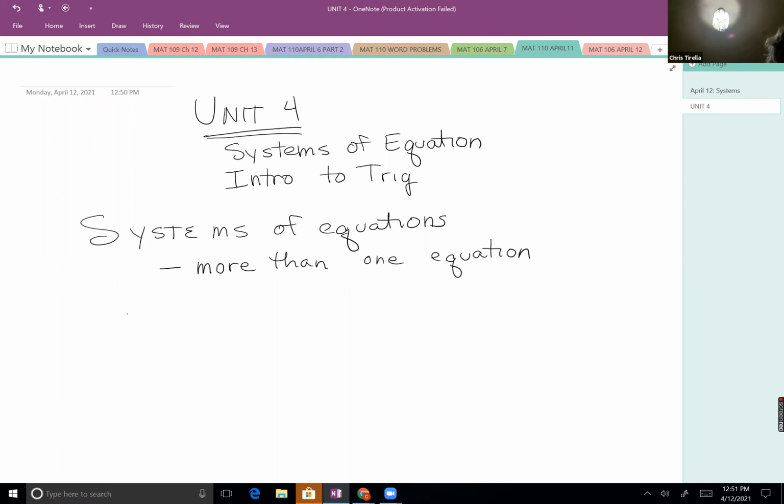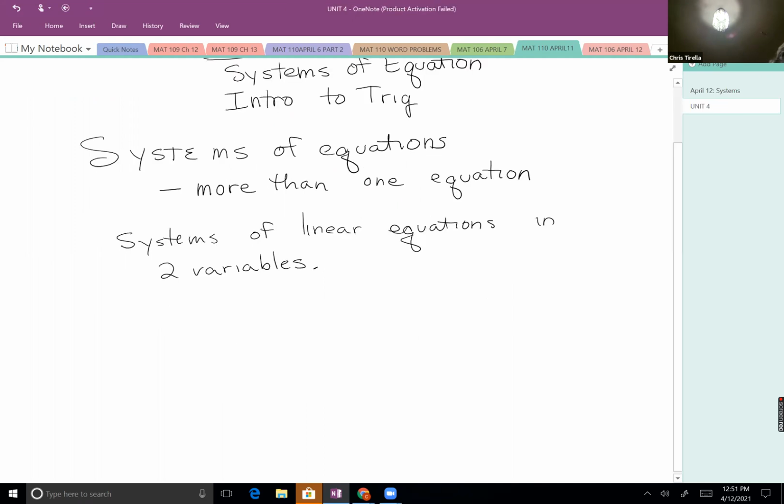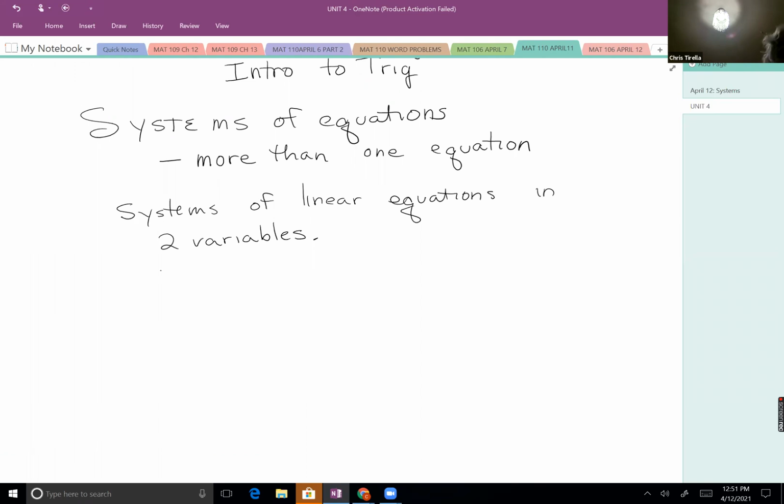We're going to focus on systems of linear equations in 2 variables. Remember that a linear equation is first degree.